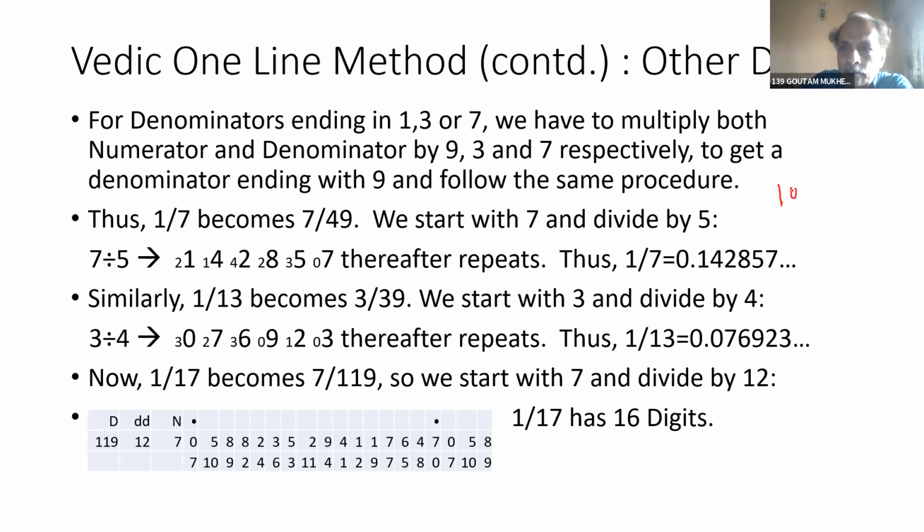Please evaluate 10 by 17. Or with 10 by 13 you can do. Say 15 by 17 you can do. Please do it like this. You can also do 8 by 17.